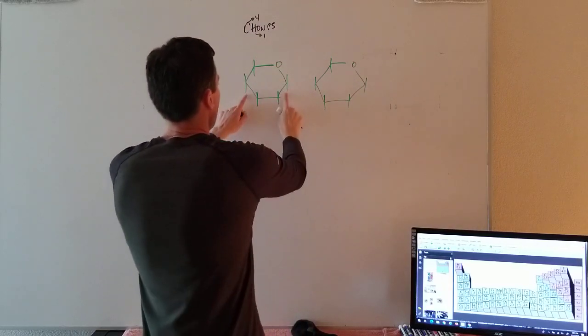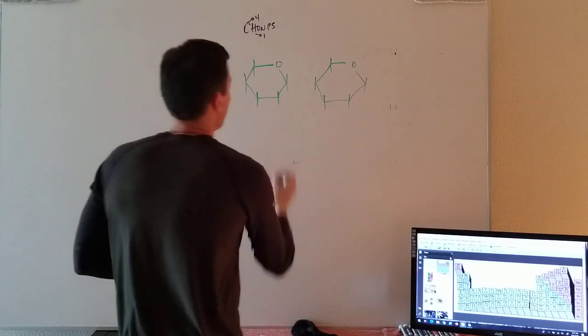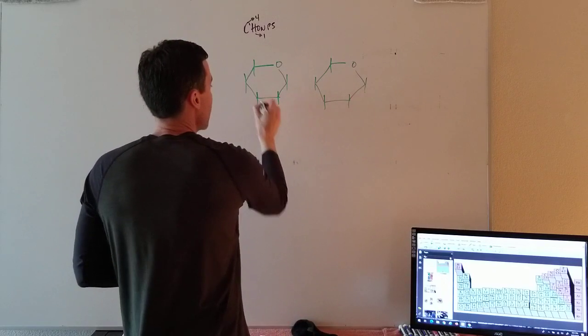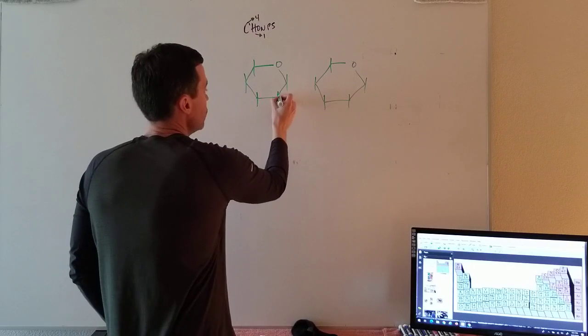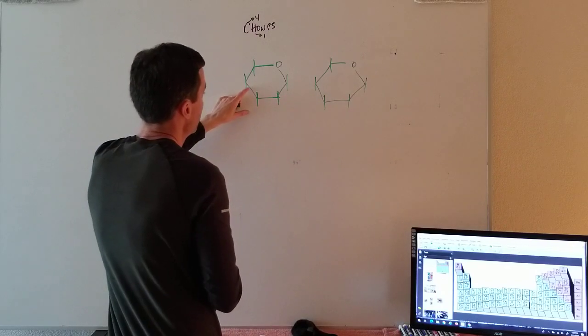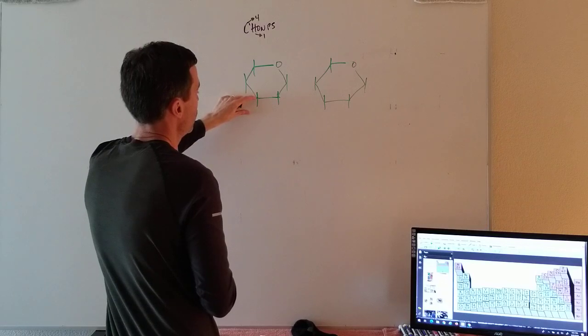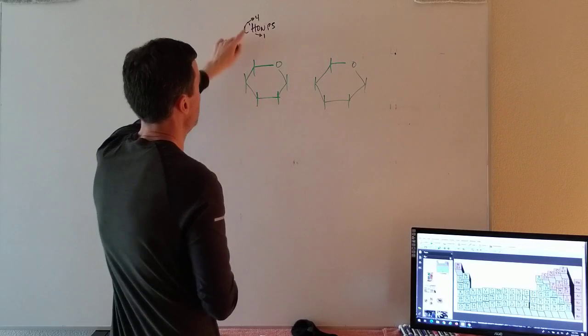Now, I'm only going to draw the stuff hanging off the ends, but what do I know has to be in the middle of that? That has to be a carbon because I have 1, 2, 3, 4 bonds. Here I have the angled one, the vertical, and the horizontal. So that's 4 bonds. So that has to be a carbon.